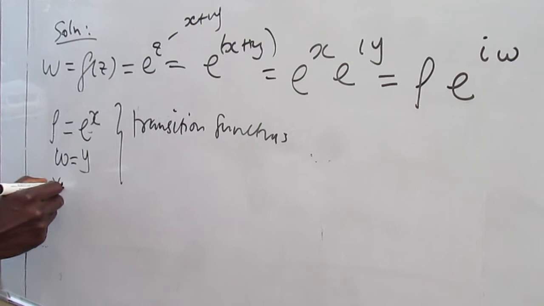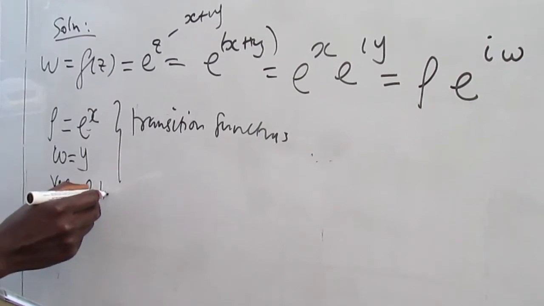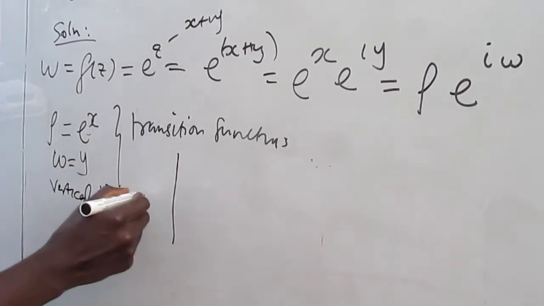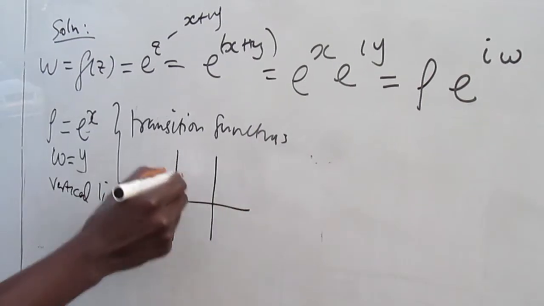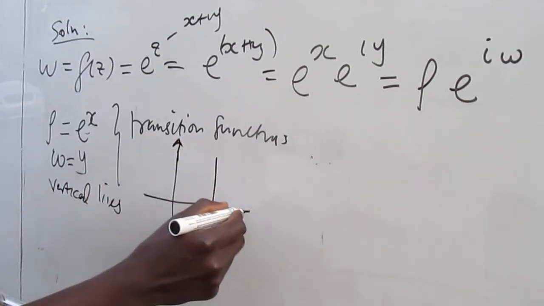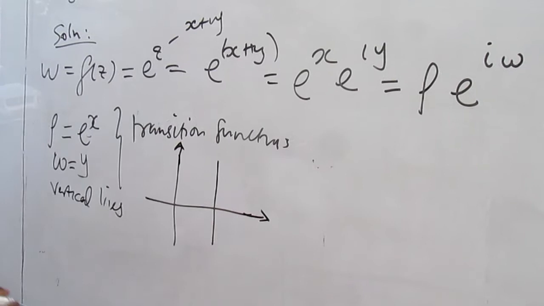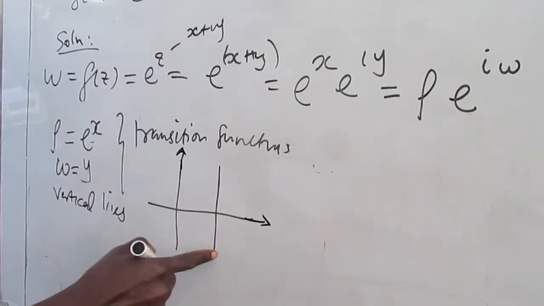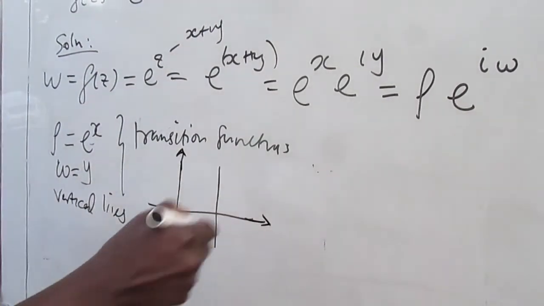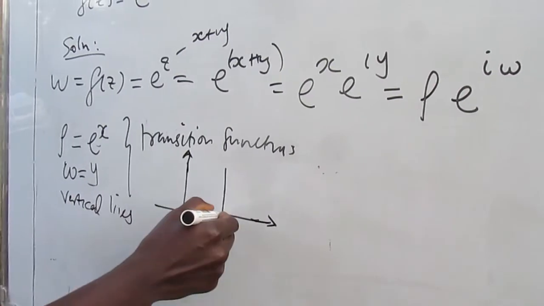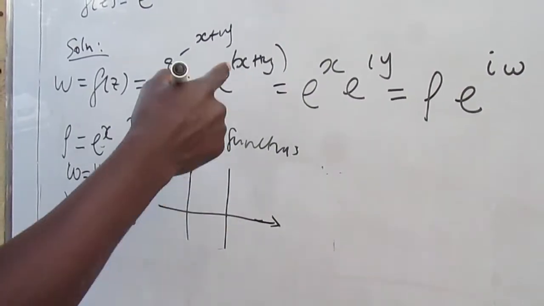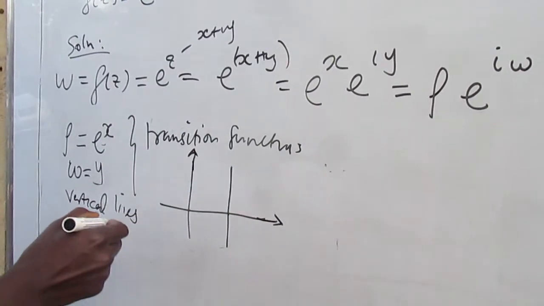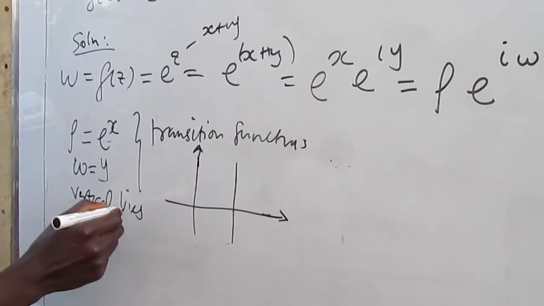And so for vertical lines, we have lines in this form. As you can see, we have some x value and then the y value will vary along the line.